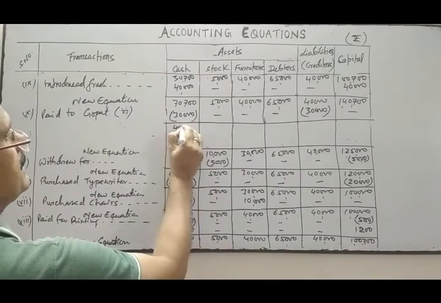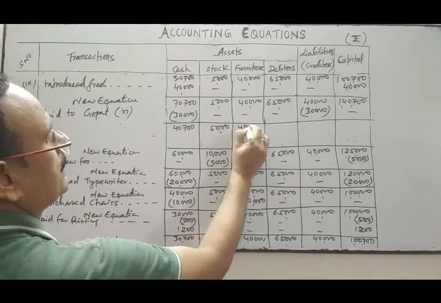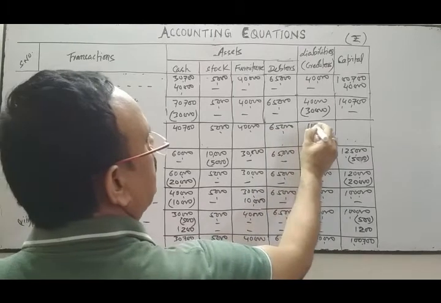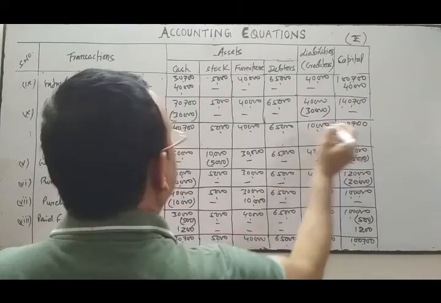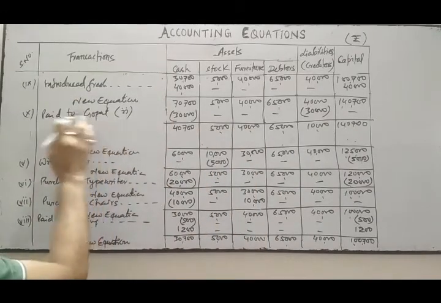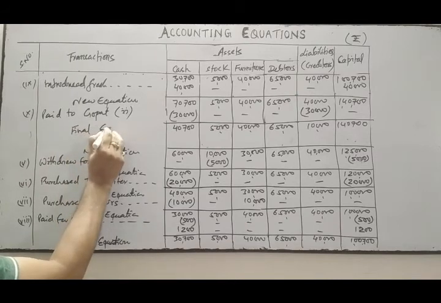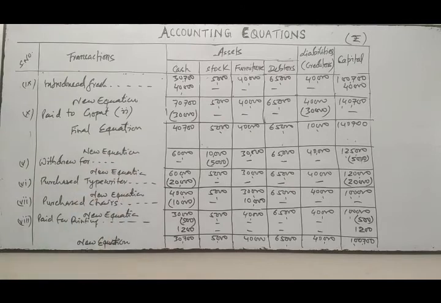So 40,700, 5,000, 40,000, 65,000, this is 10,000 and 1,40,700. This is the final equation, as it is the last transaction, after the 10th transaction.